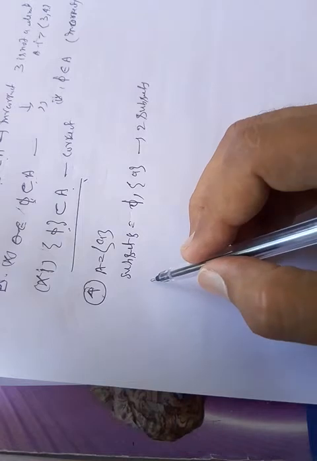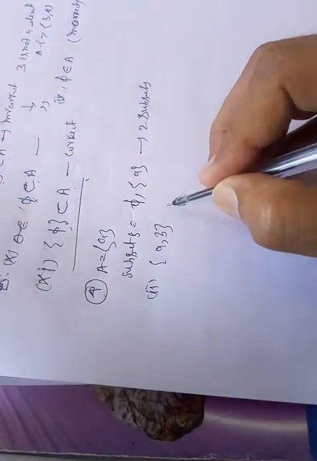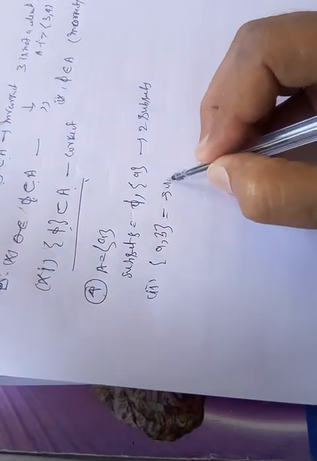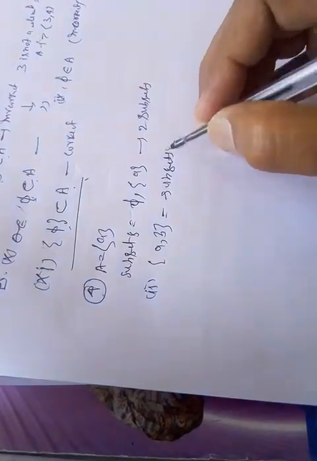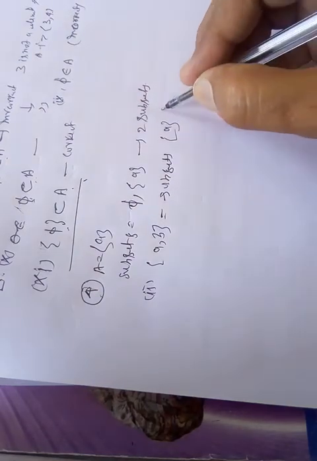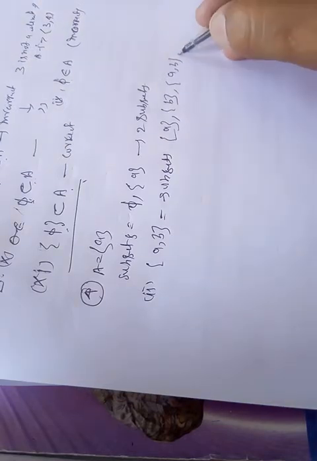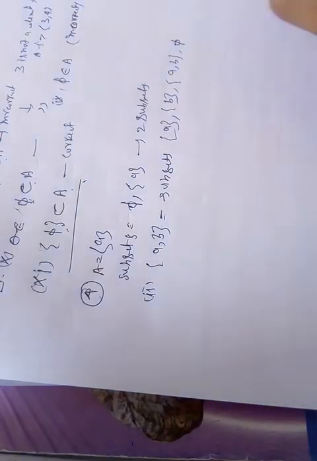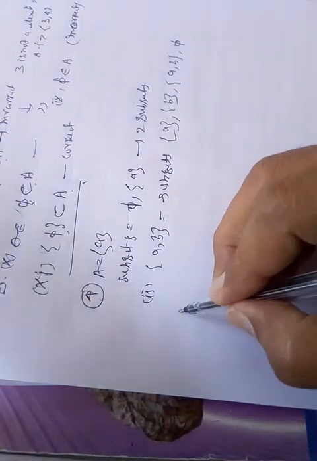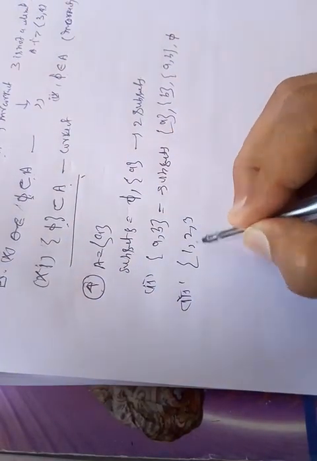Clear? And second part, set {a, b}, the subsets equal to {a}, {b}, {a, b}, and the null set, 4 sets. And third part, for example the set {1, 2, 3}.